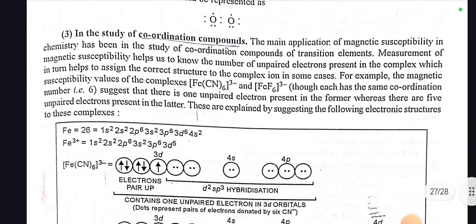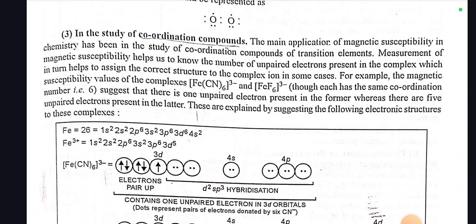Third, in the study of coordination compounds. The main application of magnetic susceptibility in chemistry has been to study coordination compounds of a transition element. Measurement of magnetic susceptibility helps us to know the number of unpaired electrons present in the complex, which in turn helps to assign the correct structure to the complex ion in some cases.